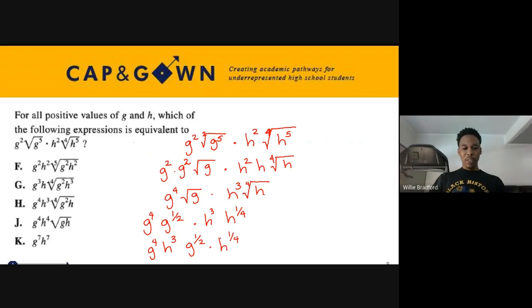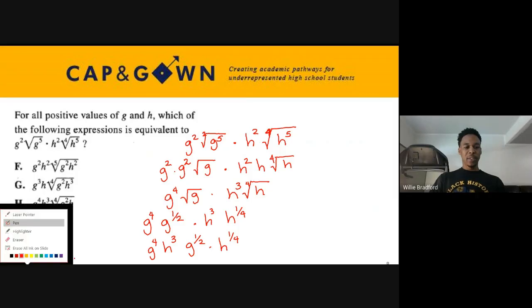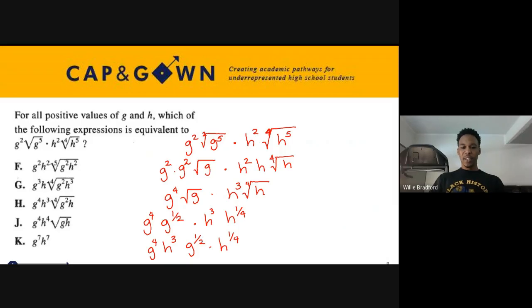Well, if I wanted to get these with the same denominator, let's take this, make this the same denominator, and we can call it 2/4 instead of 1/2. 2/4 is equivalent to 1/2. So now I have the same denominator.